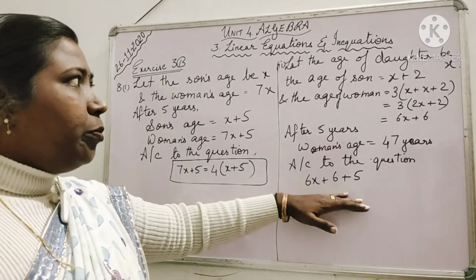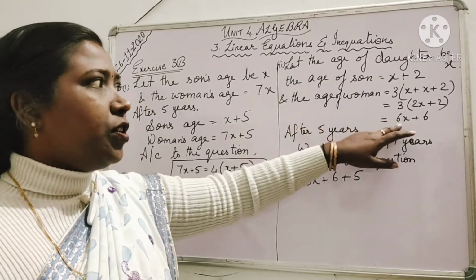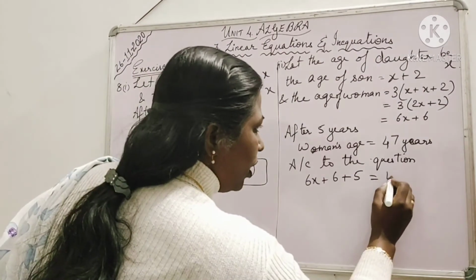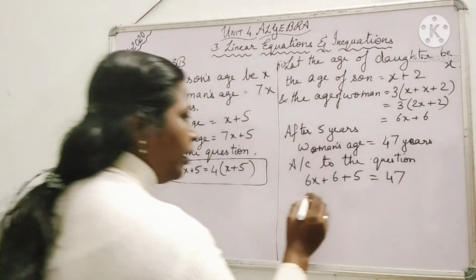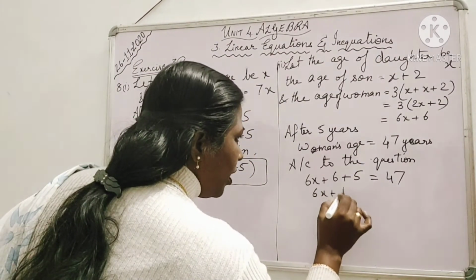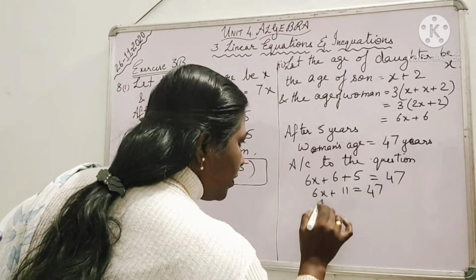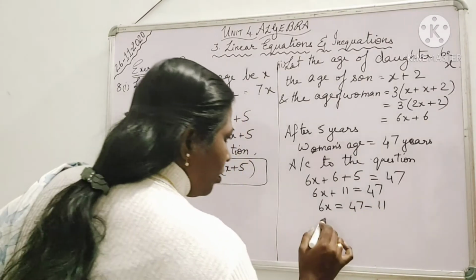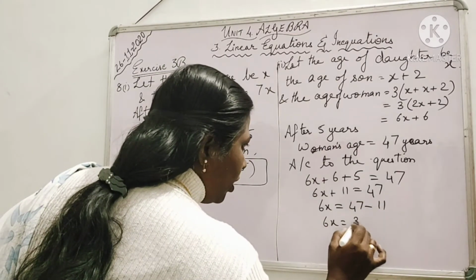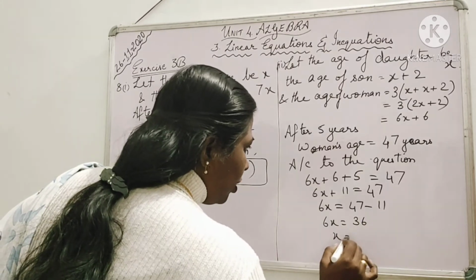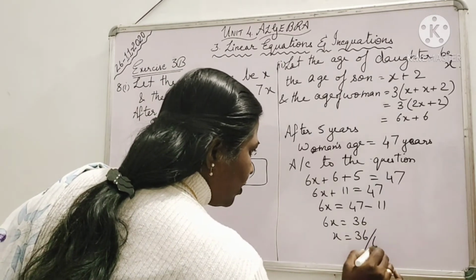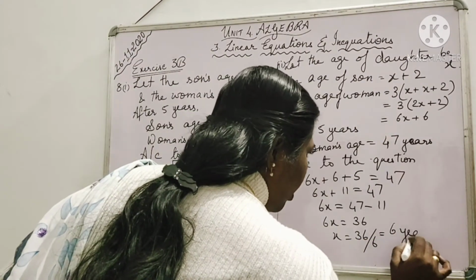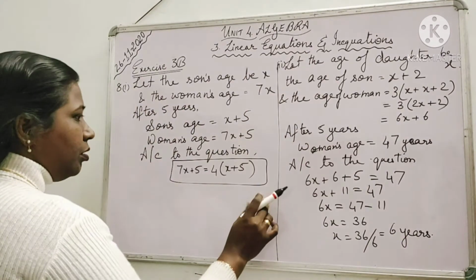By solving it, what you will get? 6x plus 11 is equal to 47. Then 6x is equal to 47 minus 11, so 6x is equal to 36. So x is equal to 36 by 6, that is 6 years. Okay, students?